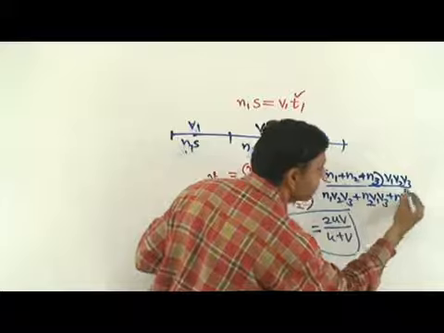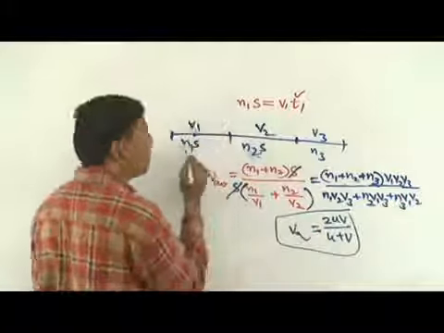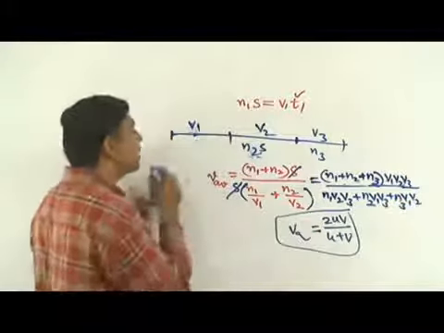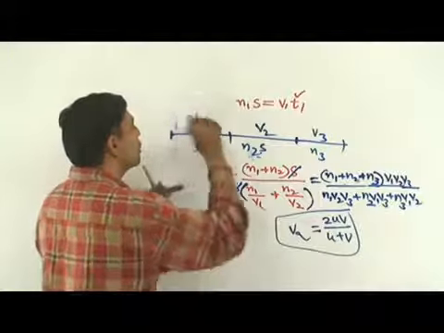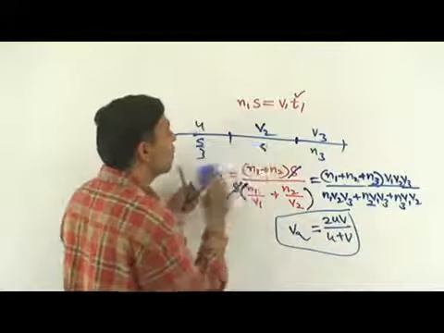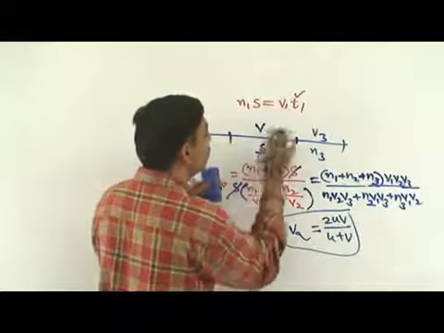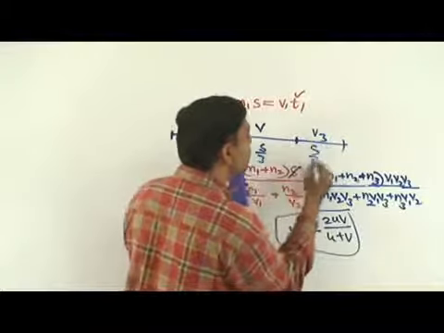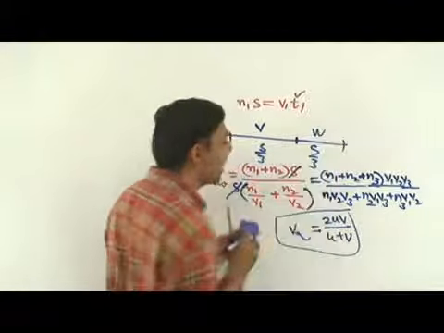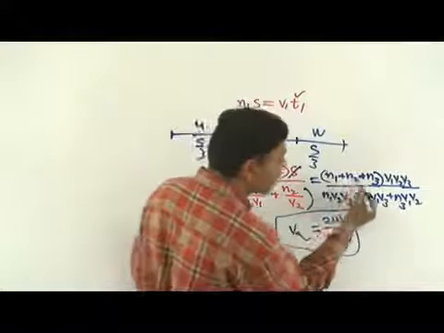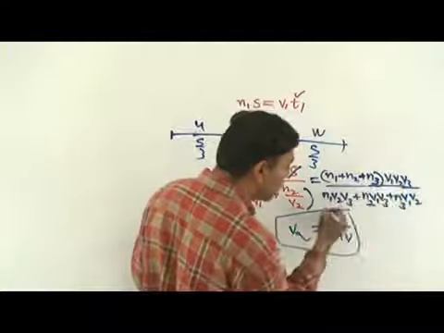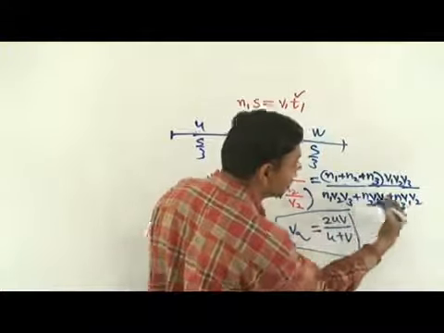Is that clear? And in this case, if something like this, first 1/3 displacement with velocity u, second 1/3 with velocity v, and the last 1/3 with velocity w. Suppose in that case, this is 1/3 plus 1/3 plus 1/3 in the numerator, uvw by 1/3 uv plus 1/3 vw plus 1/3 uw. 3 will come up.